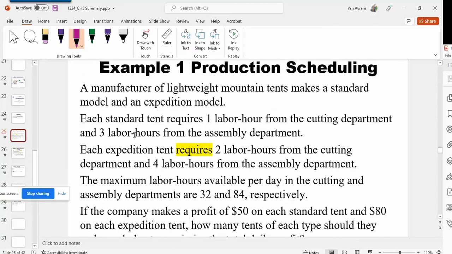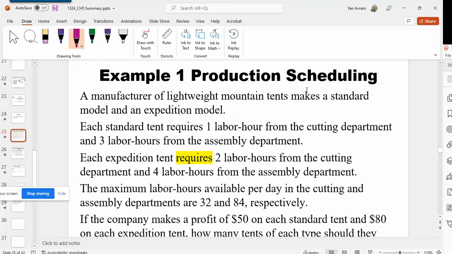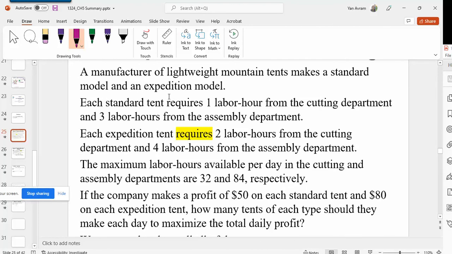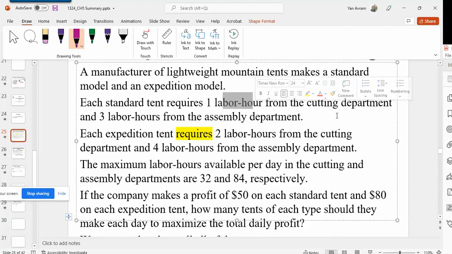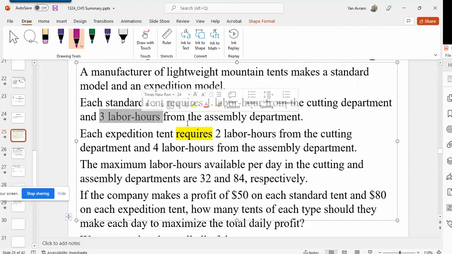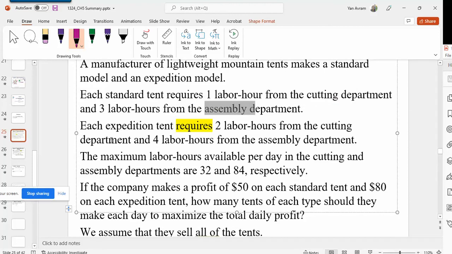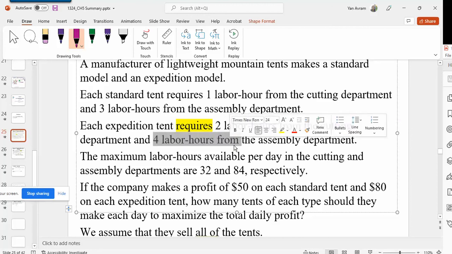Okay, let me give you a scenario here. Production scheduling, right? A manufacturer of lightweight mountain tents makes a standard model and an expedition model. Each standard tent requires 1 labor hour from the cutting department and 3 labor hours from the assembly department, and each expedition tent requires 2 labor hours from the cutting department and 4 labor hours from the assembly department.